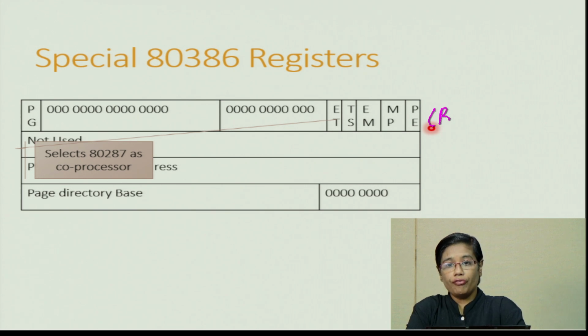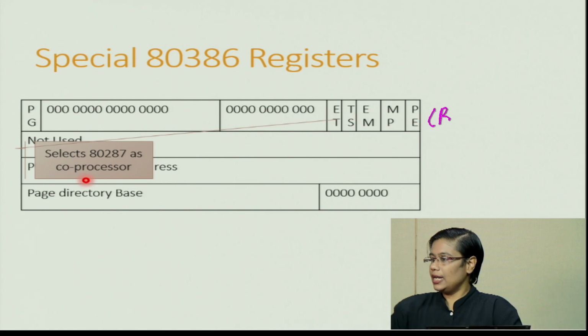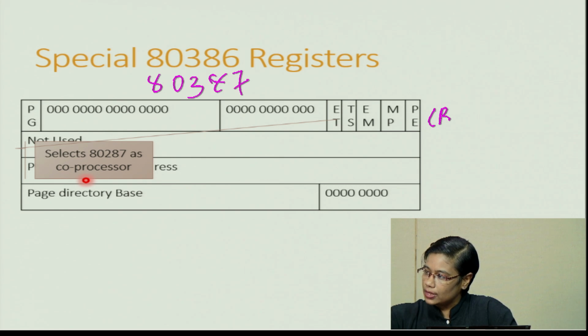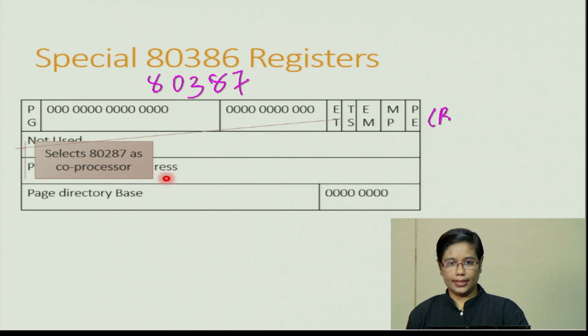If the ET bit is set with 80386, 80287 is used as the coprocessor. Generally with 80386 you are supposed to use 80387 as the coprocessor. But if this bit is set, it makes use of 80287 as the coprocessor.